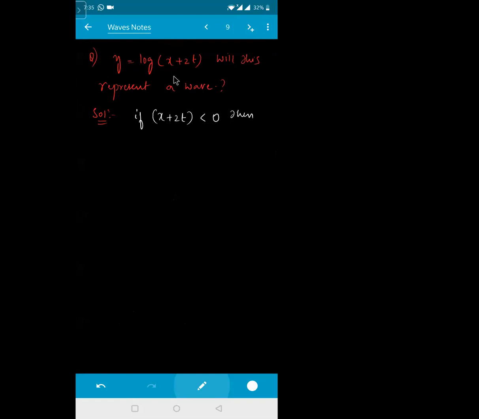Not defined. Very good. If x plus 2t is less than 0, then log is not defined.